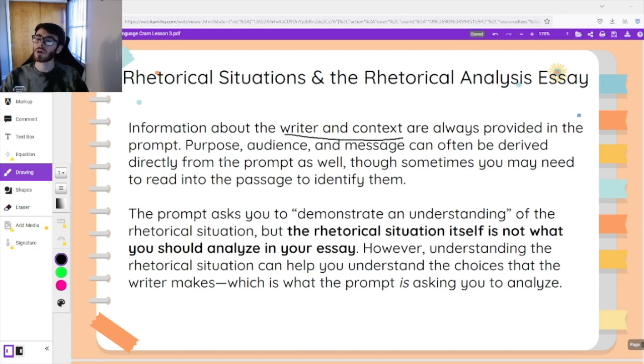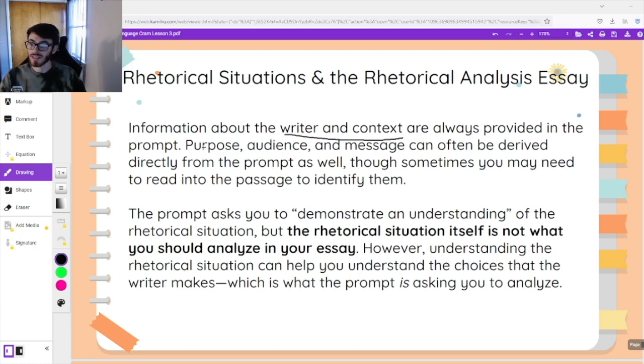Purpose, audience, and message can often be derived directly from the prompt as well. Not every single time, but a lot of the time. And if you can't, you may need to read into the passage to identify them, but they're not super complicated to find, right? Purpose, just think about, okay, what is the author trying to accomplish? What are they trying to achieve?